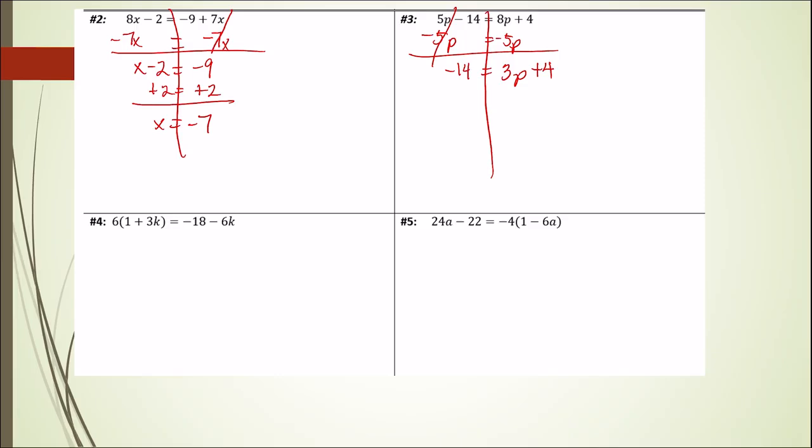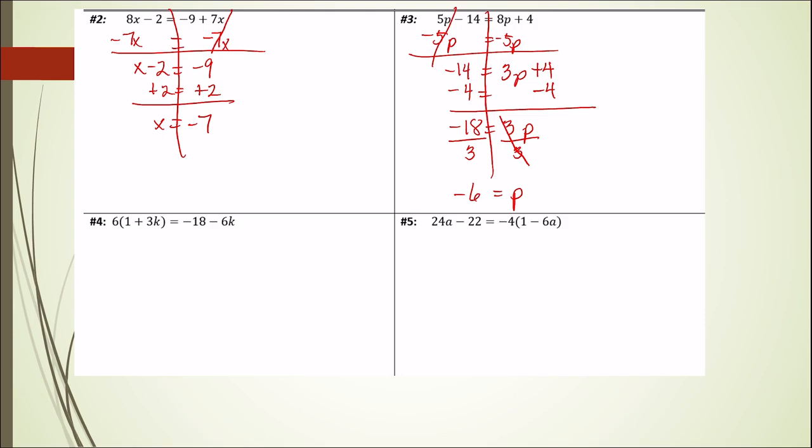Now combining like terms and isolating, -4 minus 4, I get -18 is equal to 3p, divide by 3, divide by 3, and you get -6 is equal to p. Remember, 3 divided by 3 is 1.